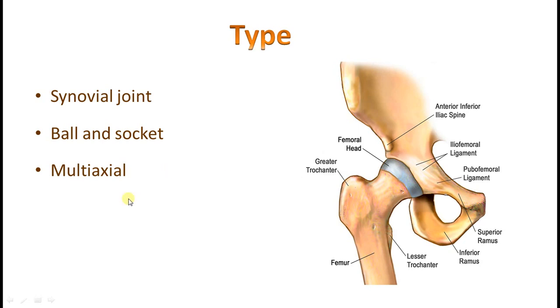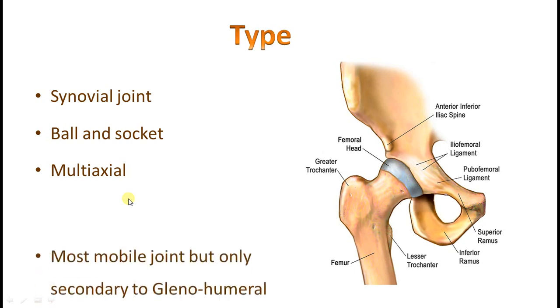Then it is a multi-axial joint, which means it permits movement in more than one axis. Basically you have a transverse axis, a vertical axis, and an antero-posterior axis. The hip joint permits movements in all these axes.